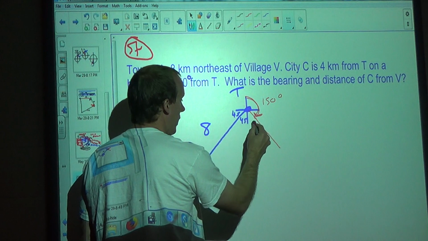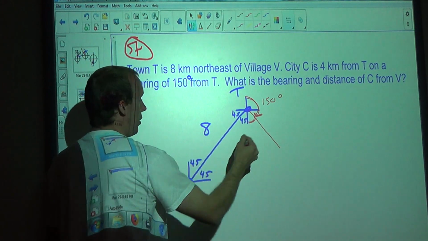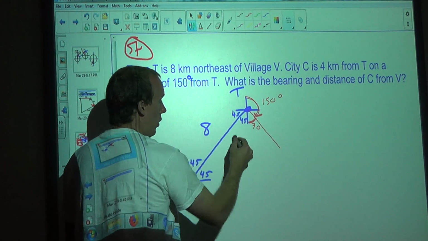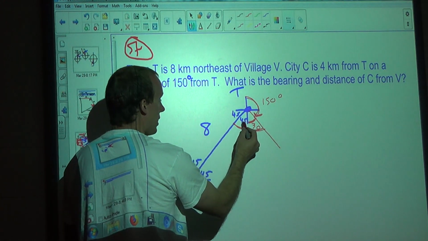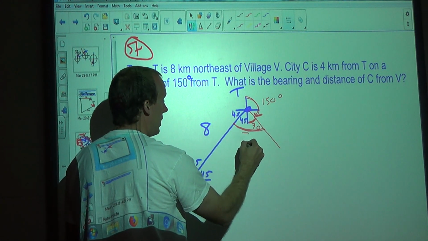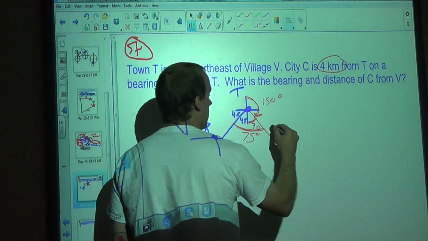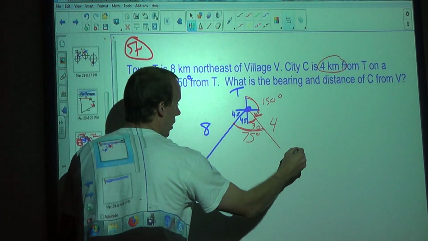Well, how many would be left to get to 180 then? So 150 to 180 would be 30, so there's 30 leftover degrees there. Which then, what does that mean that angle is altogether here? 30 plus this 45 degree angle here gives me 75 degrees. Okay, and how many kilometers was that? It was 4. And we'll call that city C.